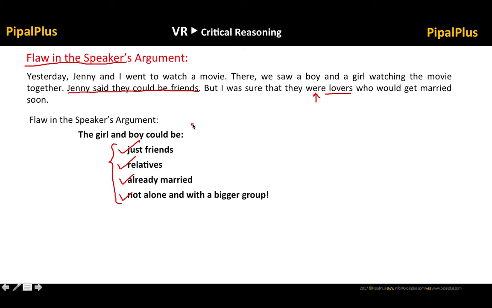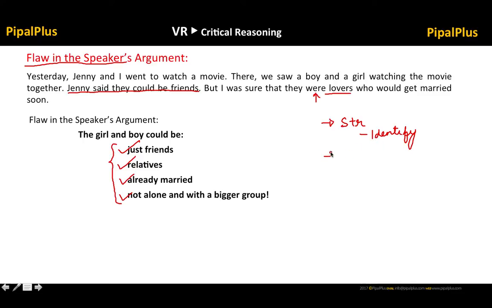I'll just very quickly summarize what we've discussed. We've discussed what an argument looks like, what the structure of an argument is. Then we went on to identify each and every part of the argument. Each sentence, or every part of the sentence, is contributing in a certain way to the argument, and we have helped identify that.